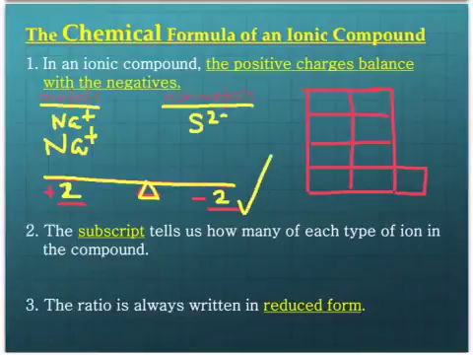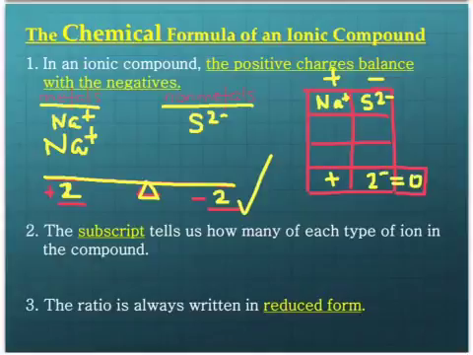Here is another way to do this. You can draw yourself a table like the one I've drawn here. I put my positives in one column, my negatives in another, and then I begin to write in what I have. So we started off with sodium and sulfur. Now I can see that this right now is a charge of +1, and this is a charge of -1. I want these two columns, when added together, to equal 0, and right now they do not.